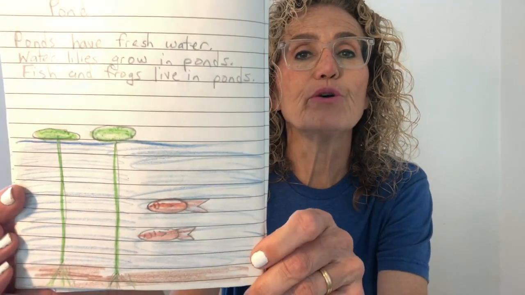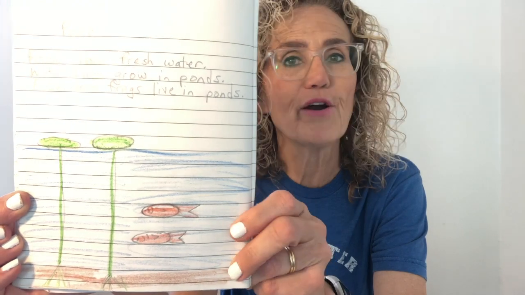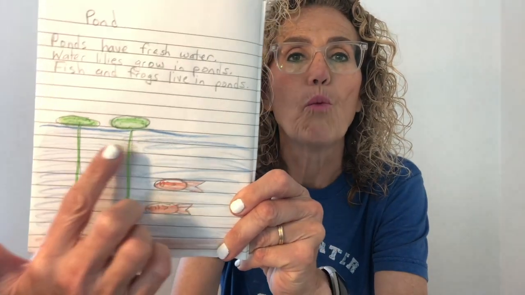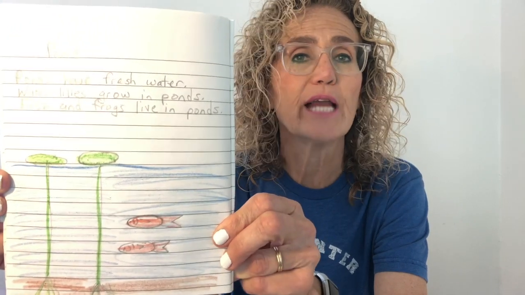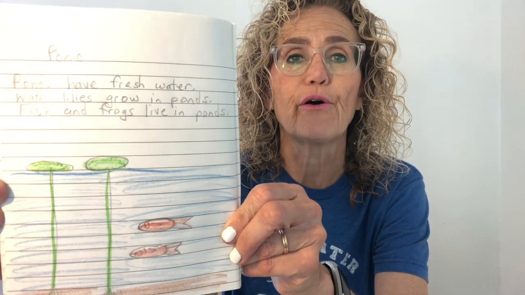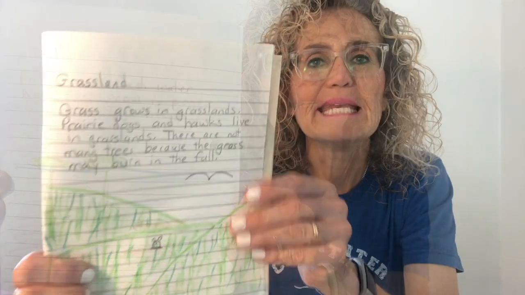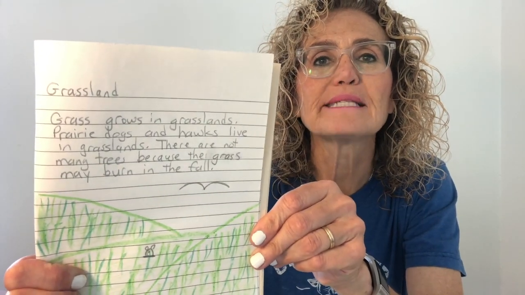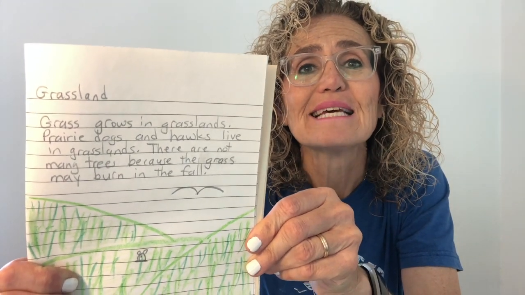And then I drew a very simple picture because I'm not a great artist, and I show some water lilies and I show some fish, and I could not draw a picture of a frog. Maybe you guys can do a better job than I did. And now I wrote about a grassland. Grass grows in grasslands.